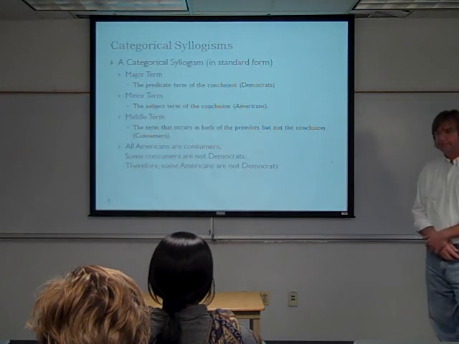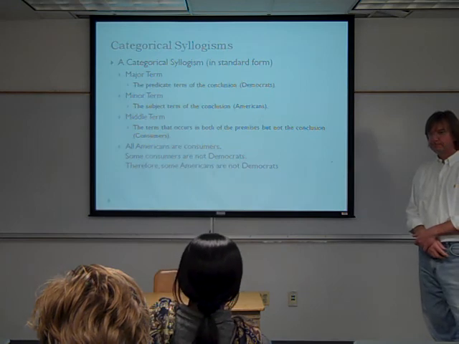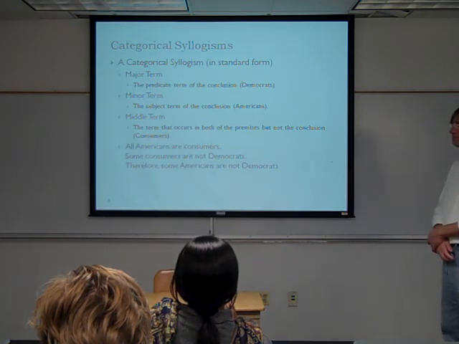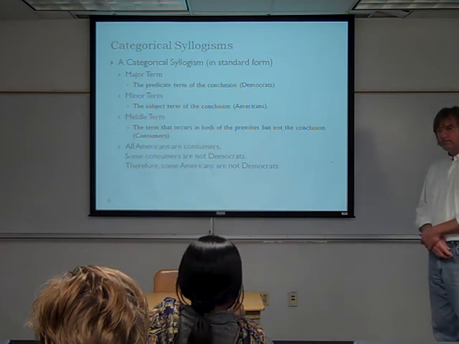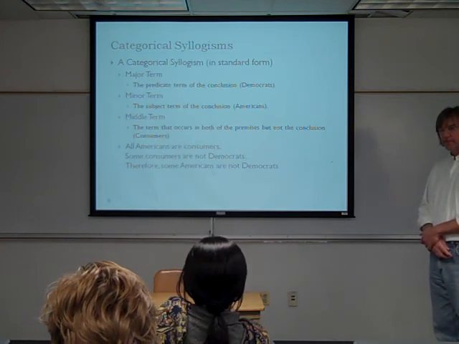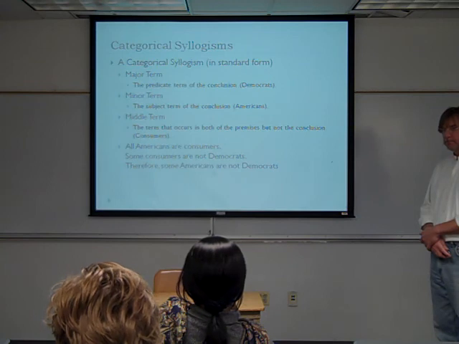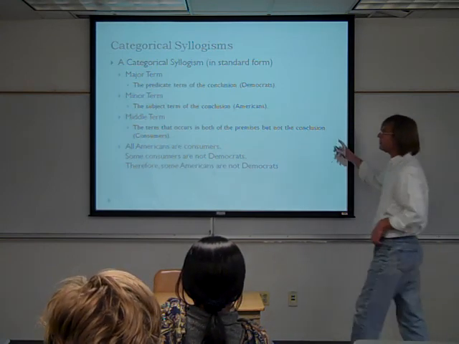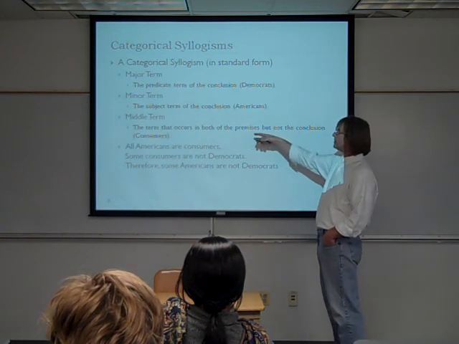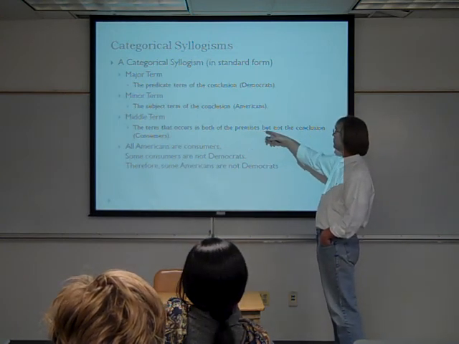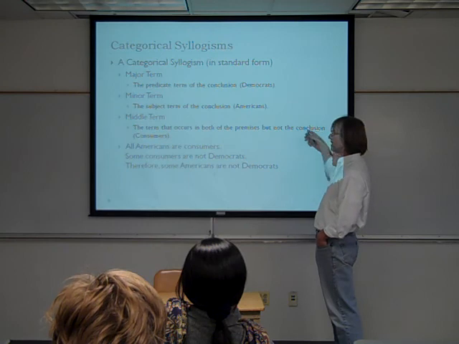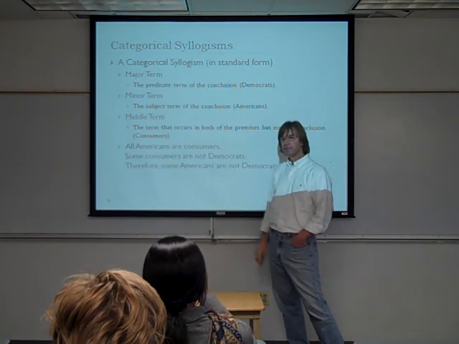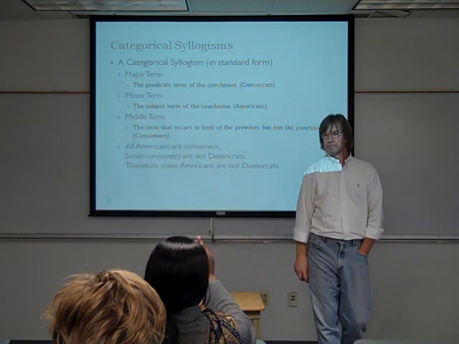Excuse me. Yes? Did you say that the middle term is in both premises? Correct. But in the first one, it's the predicate. Consumers is a predicate in the first. Correct. So the middle term, they say here, is the term that occurs in both of the premises but not the conclusion. It's going to occur in different places in the premises. Okay. So both sentences are premises.